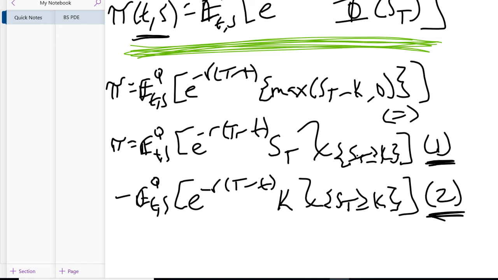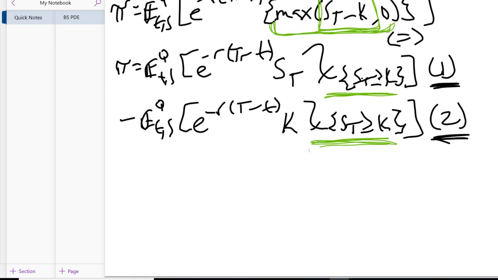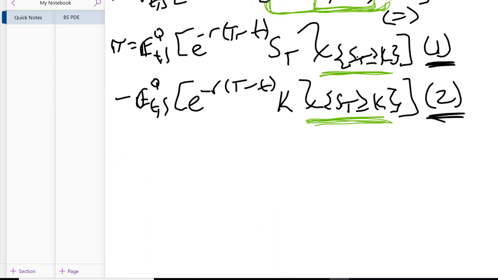So we're going to use these two equations, and again, this came just from splitting this up and then recasting the whole max thing as simply an indicator function that simply gets activated as long as the terminal stock price exceeds the strike price. So we're going to move forward by solving these two separately.